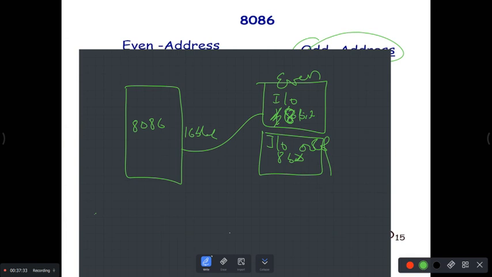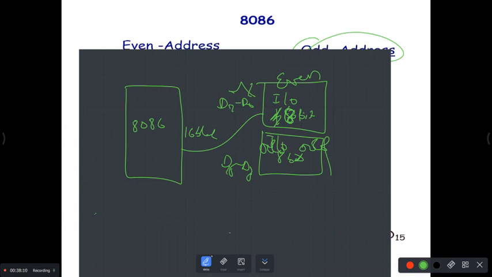If I have two IO devices separately sending 8-bit data, why should I send these two data separately in two machine cycles? Instead, I can give an even address for this and connect D7 to D0, and give an odd address to this and connect D15 to D8.